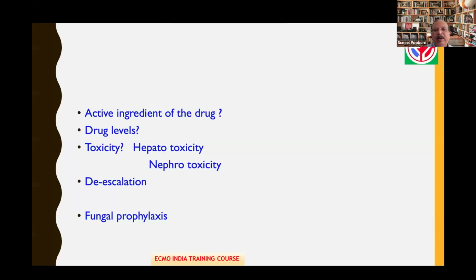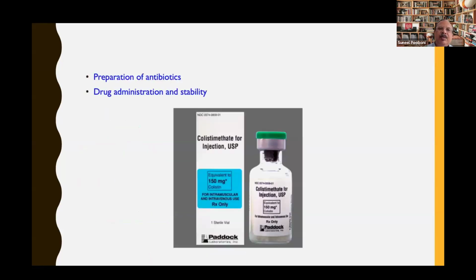Multi drug resistant bacteria will develop if you are continuing the antibiotic. Even fungemia tends to develop with that. So fungal prophylaxis with fluconazole, or in ECMO patients, as we learnt earlier in COVID patients, echinocandin could be the first line of treatment for suspected fungemia.